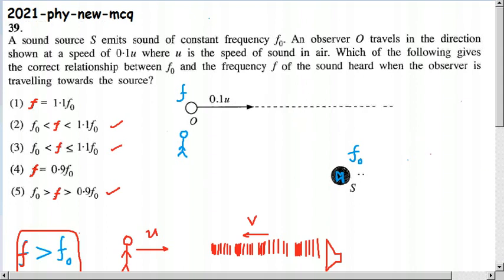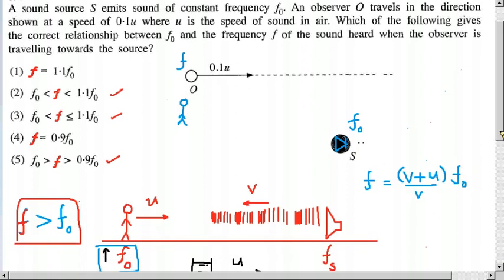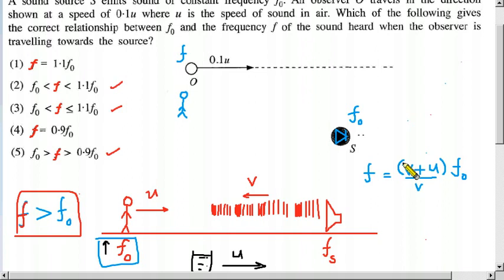the equation for such a case is f equals (v plus u) divided by v. So this one is the original equation with original symbols, but I have to change it a little bit because they have given some other symbols.